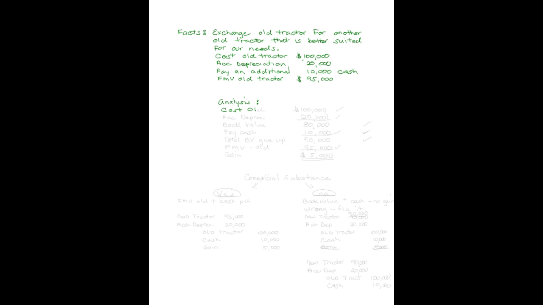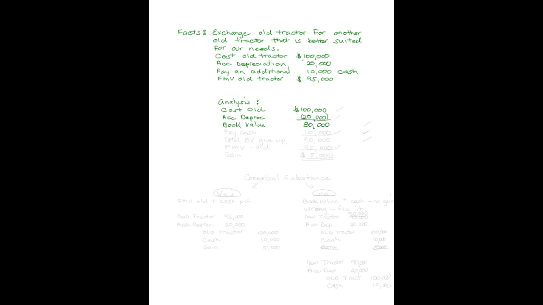I'm going to say old whenever I reference this so we don't get lost on where we are, since two tractors are now involved. The cost of our old tractor was $100,000. Its accumulated depreciation, which was brought up to date through today as this transaction happens, was $20,000. So that means the book value of our old tractor on our books is $80,000.